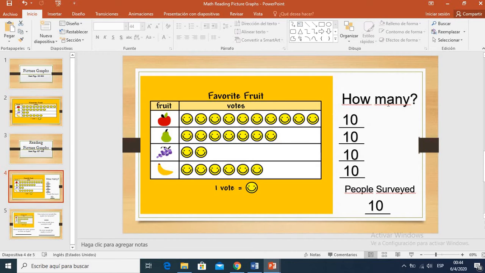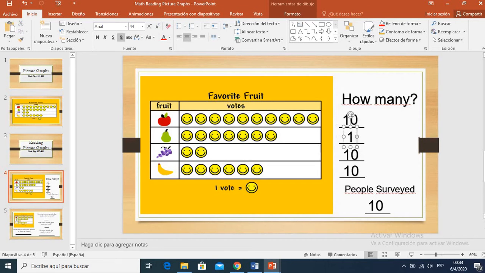The first question says, how many people like each of the fruits? What do I do? I count all of the smiley faces. Count them with me. 1, 2, 3, 4, 5, 6, 7, 8, 9, 10. 10 people like apples. How many people like pears? 1, 2, 3, 4, 5, 6, 7.